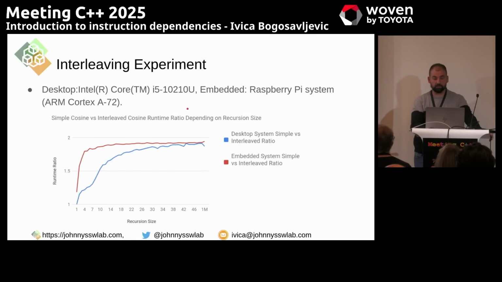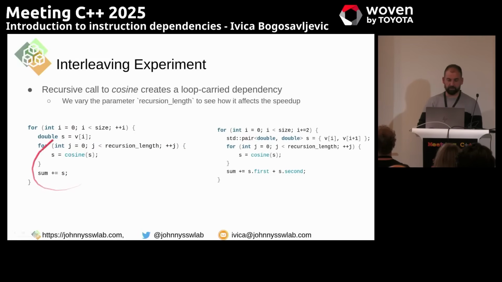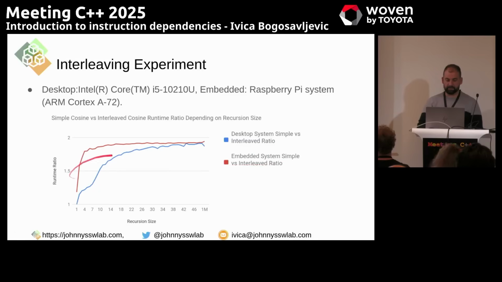I measured this on two places, a desktop system and an embedded system. The desktop system was the CPU from this laptop, a 10th generation Intel Core i5, and the embedded one was a Raspberry Pi. What you see here is the runtime ratio between the simple version and the interleaved version, so how much time it takes to execute.